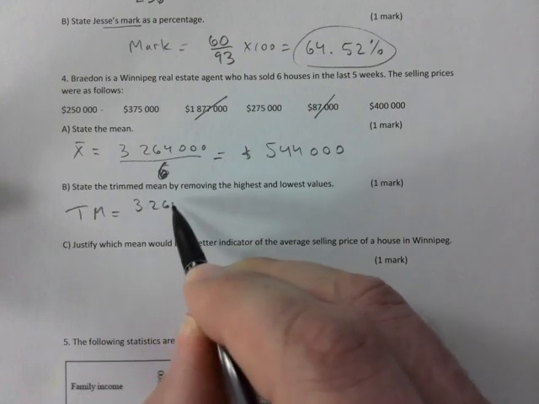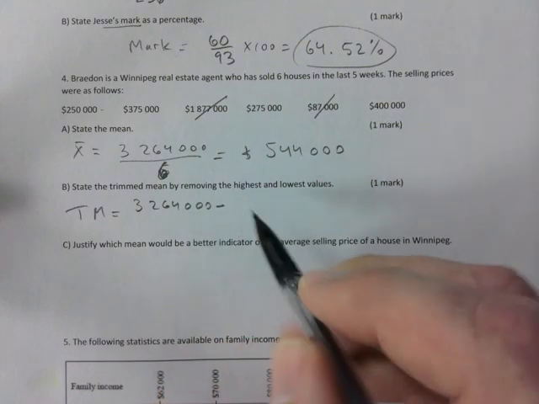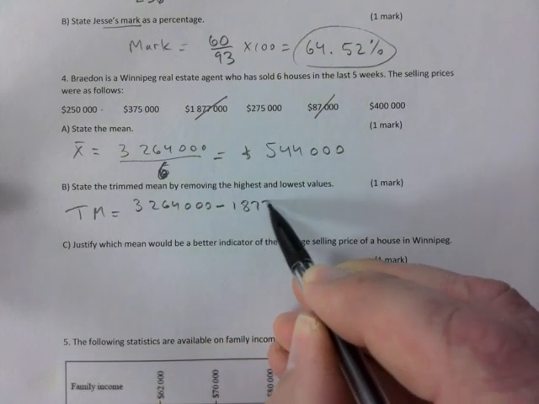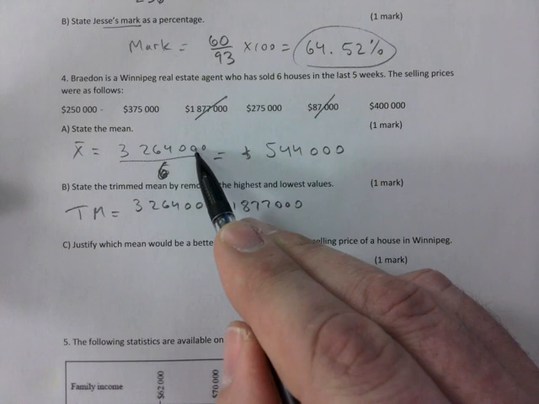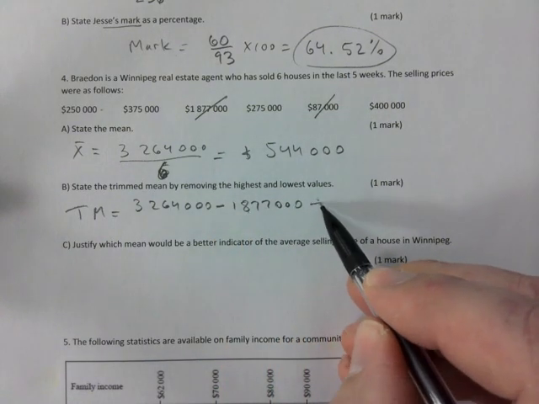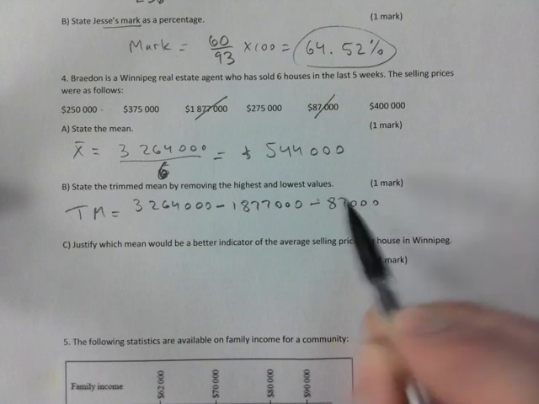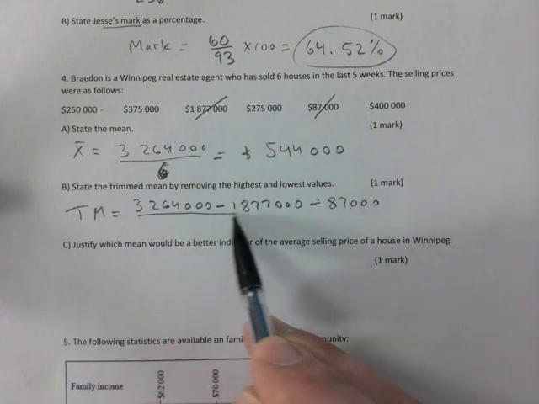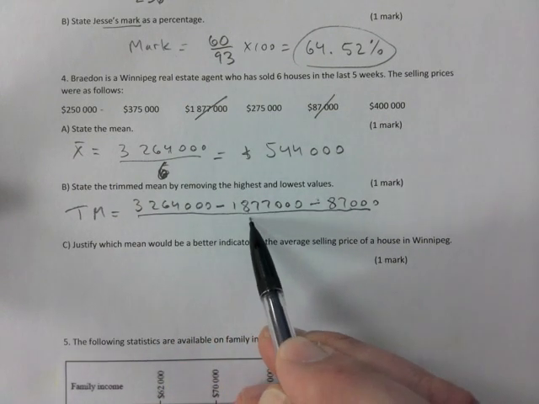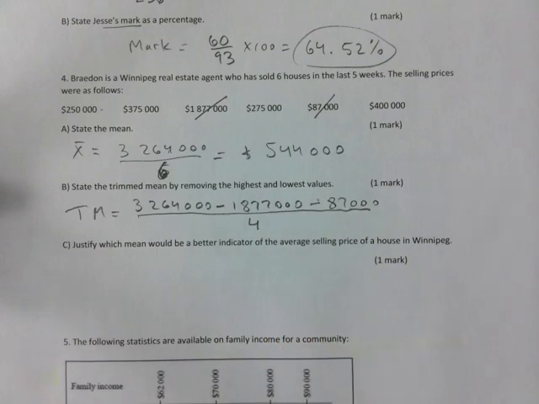It really doesn't matter which way you do it. I will take away the really expensive house from the previous total, right? Because I'm removing it. And I will also remove the 87,000 from my previous total, right? And now you only have 4 houses that you're considering.